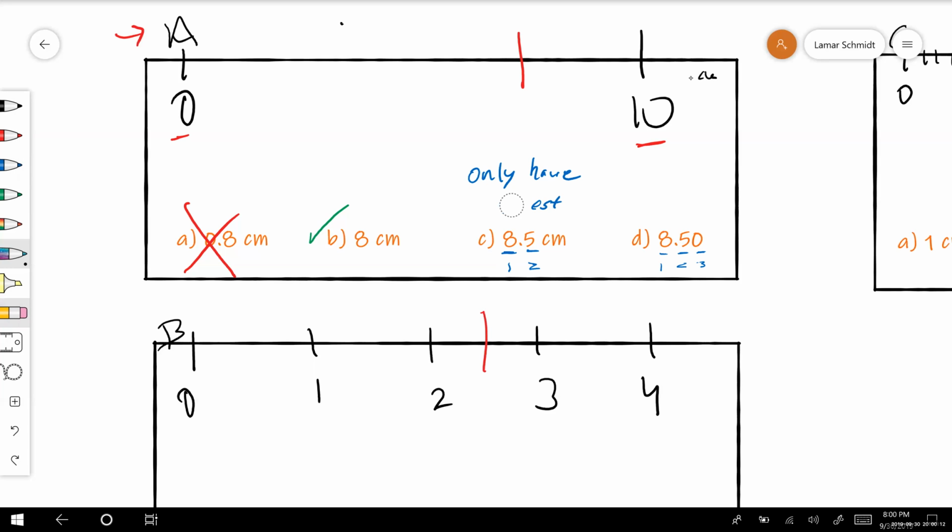Let me make sure that's very clear. You can only have one estimation. That's all you get. You do not get more than that. And so choice B gives you just one estimation, and that's what makes that correct.